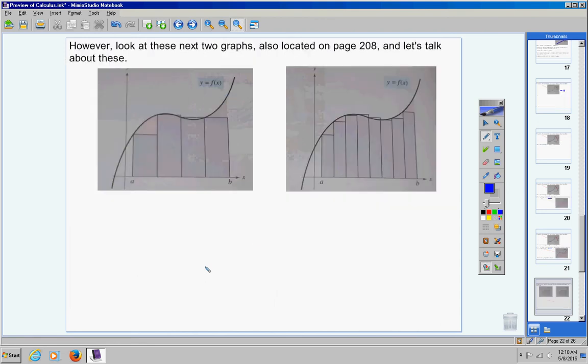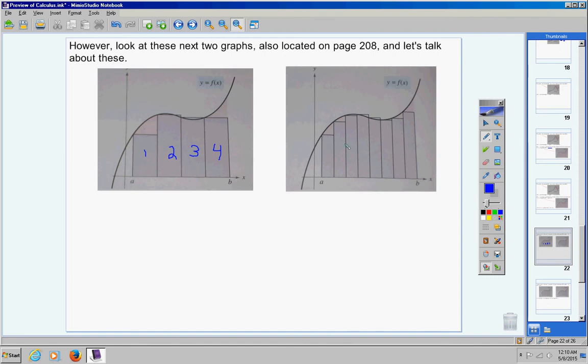Now, however, look at the next two graphs on page 208, and let's talk about these. Watch how this happens, okay? If I take this pink area and divide it up into big rectangles, and then find the area of rectangle number 1, rectangle number 2, rectangle number 3, and then add all those up, I get a decent idea of what the area would be under this curve, although you can see there's some areas left over that I didn't get to.